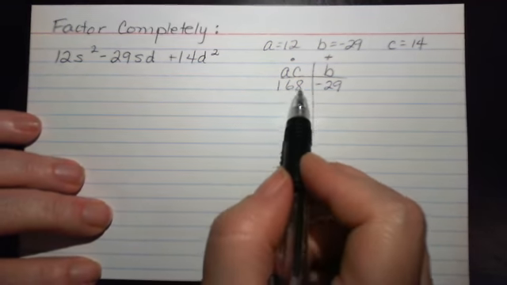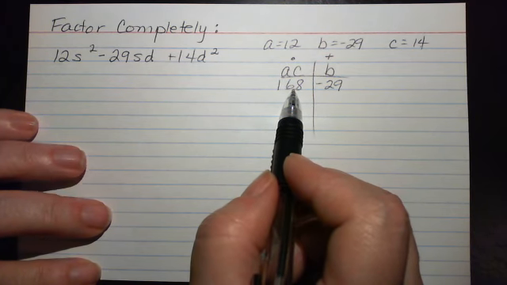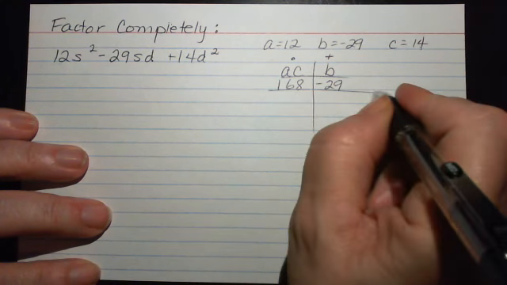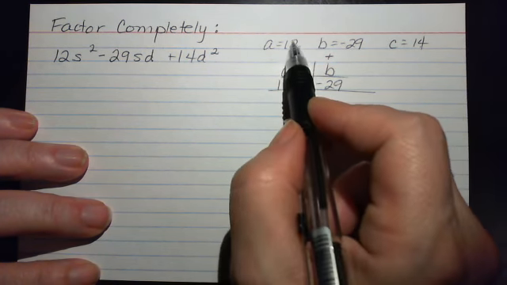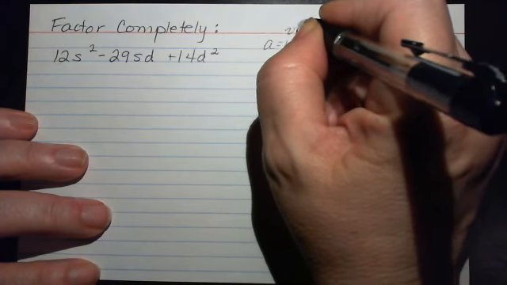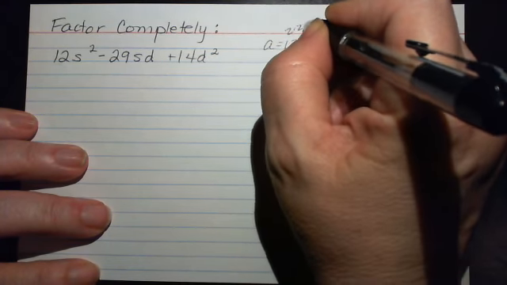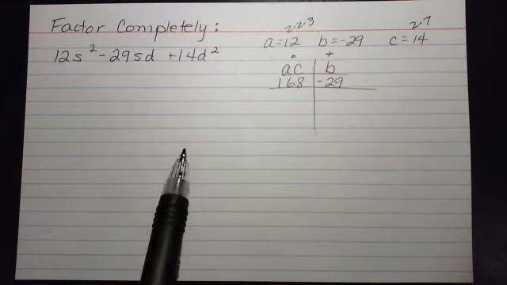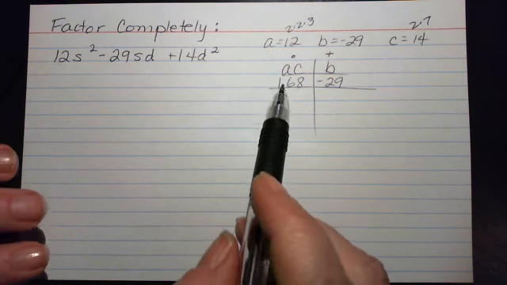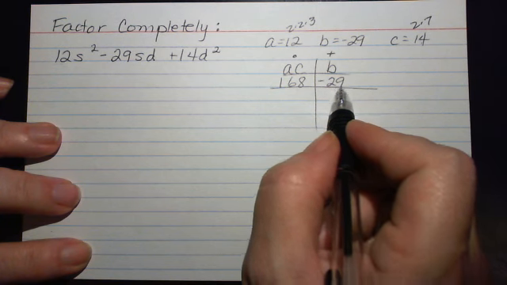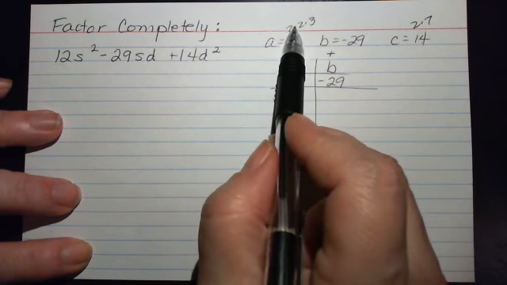Alright, so 168 is a rather large number, so it might help us to see what factors are in there. We could go back to the 12 and the 14 and say 12 is 2 times 2 times 3, and 14 is 2 times 7. So that might help us pair up factors. Let's see what numbers have a good chance of adding or subtracting to negative 29.